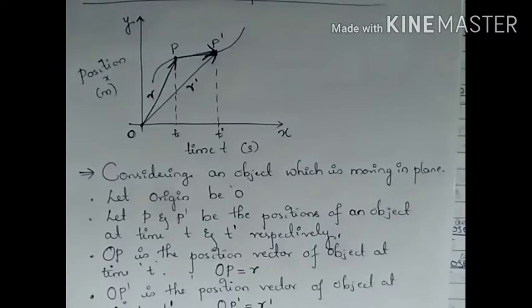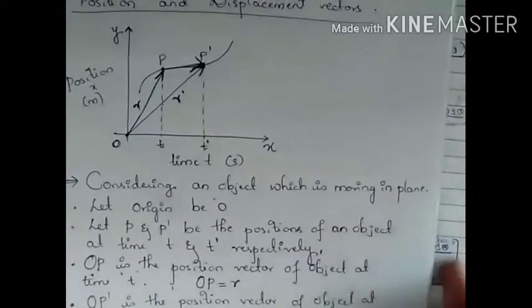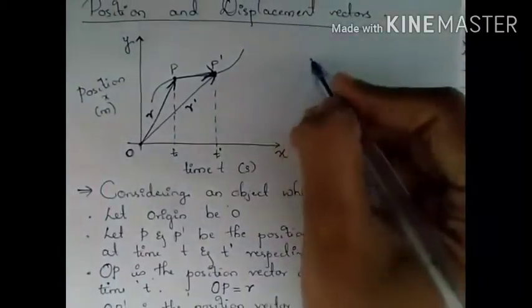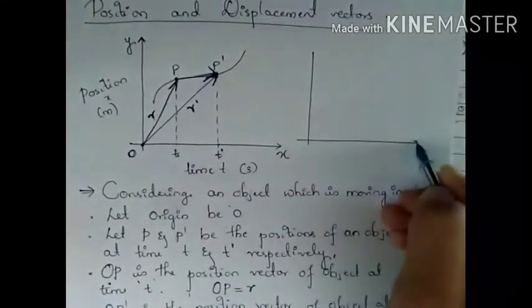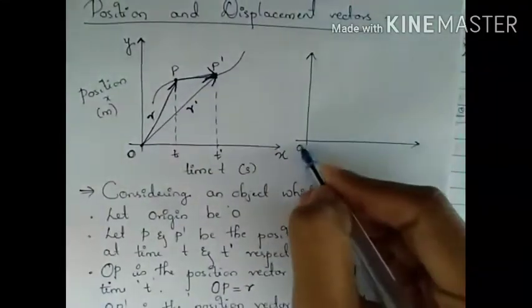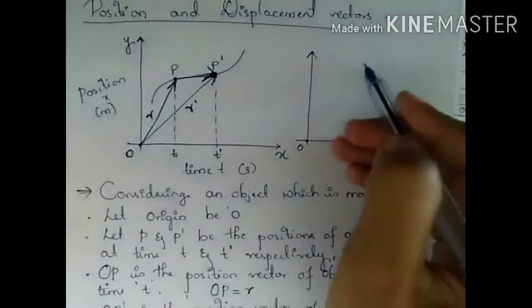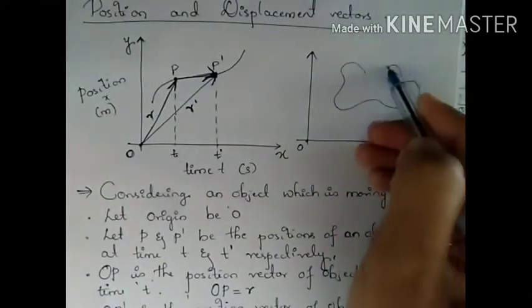So in earlier classes we saw that displacement is not equal to the distance. So let's suppose you have the motion of a particle like this.